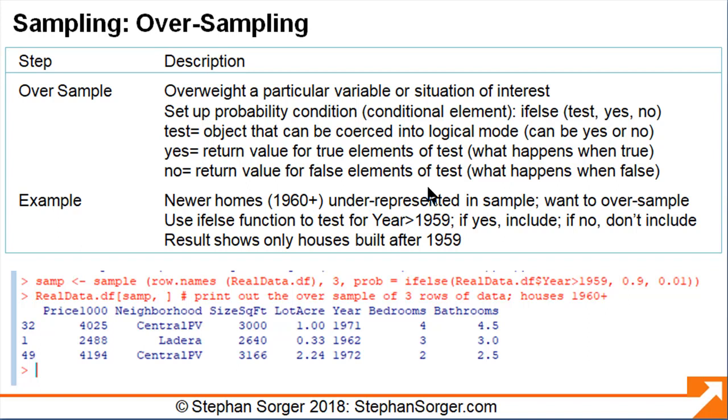We would then use the if-else function to test for the year of construction being built greater than 1959. If the home was built after 1959, we want to include it in our sample, hence the large 0.9 value in the R code for the yes branch of the if-else decision function. If the home was built earlier, we do not want to include it, hence our 0.01 value for the no branch. We can verify in our printout at the bottom of the slide that the sample only includes homes built after 1959.